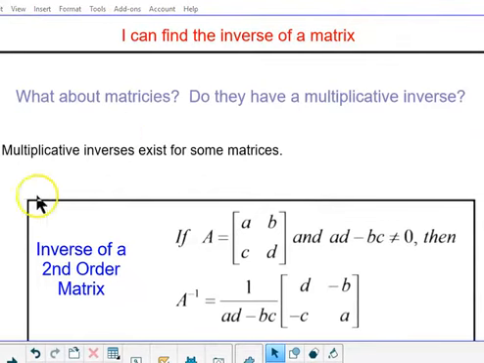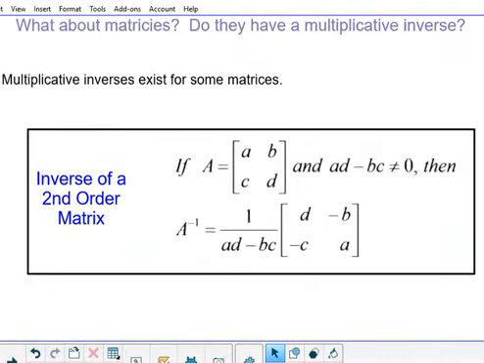So, the multiplicative inverse of a matrix. The first thing it's saying is that if we find the determinant, downs minus ups, AD minus CB, or BC, and we end up with 0, we're going to end up without an inverse matrix.